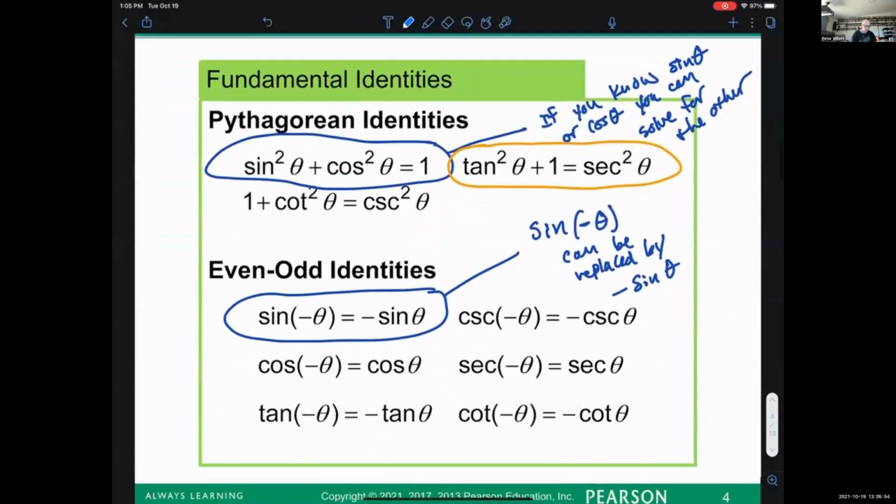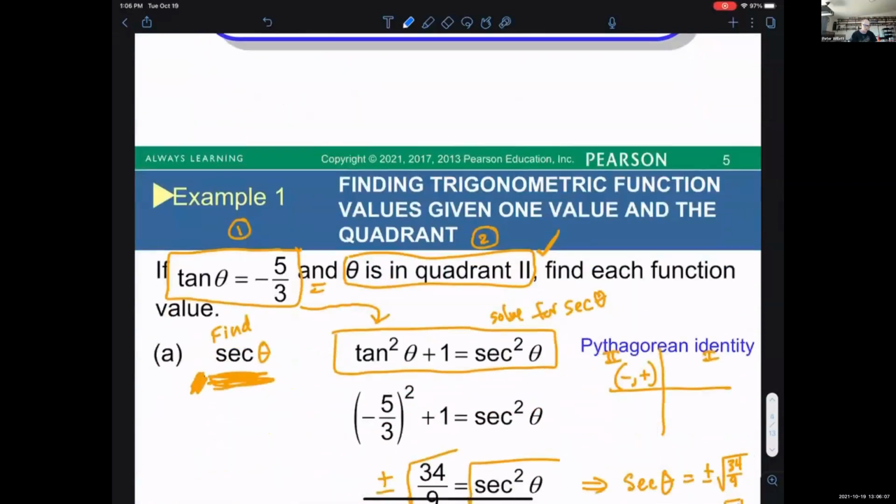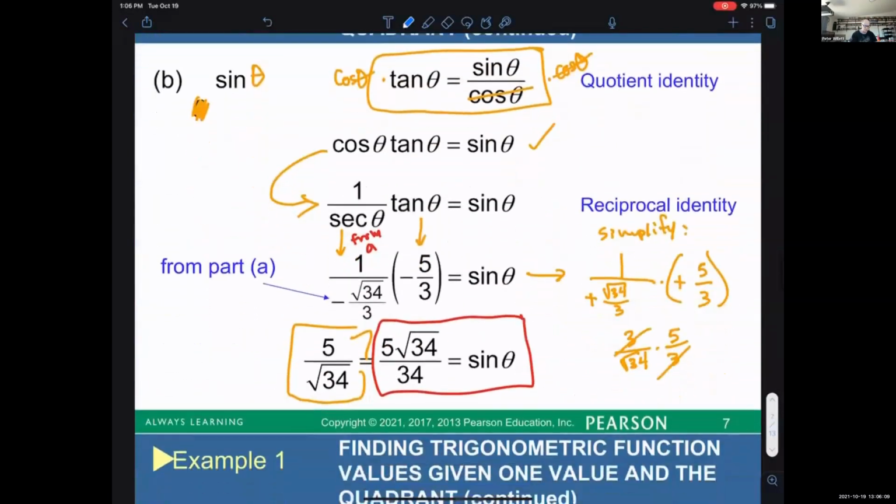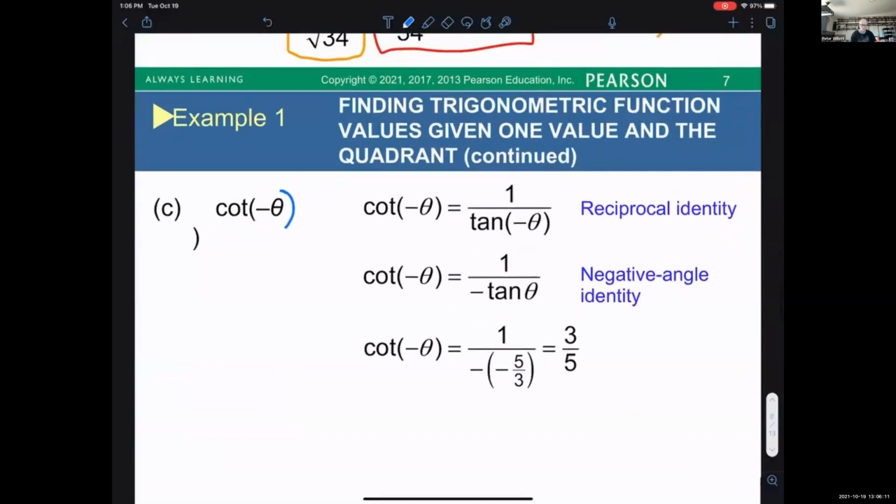And then also we know by the even and odd properties that if you have tan of an opposite of an angle, you can replace that by minus tangent of the angle. And so in the problem we were just looking at, they use the negative angle identity.